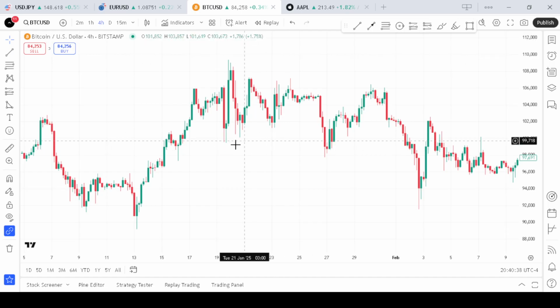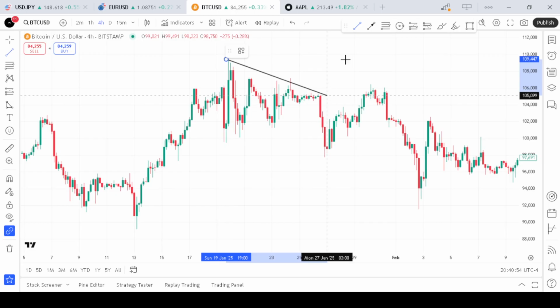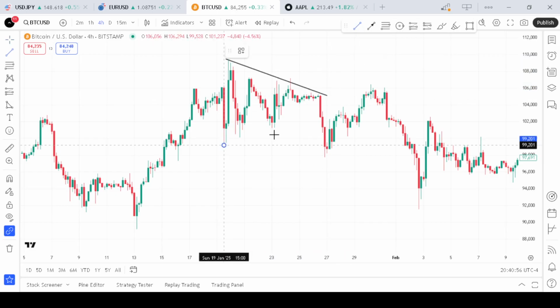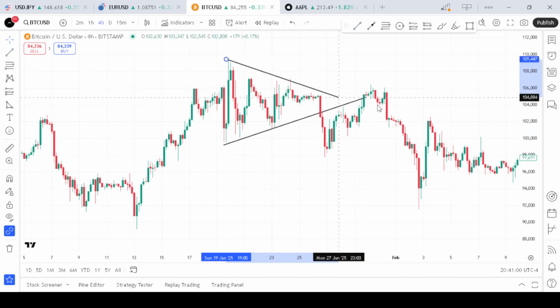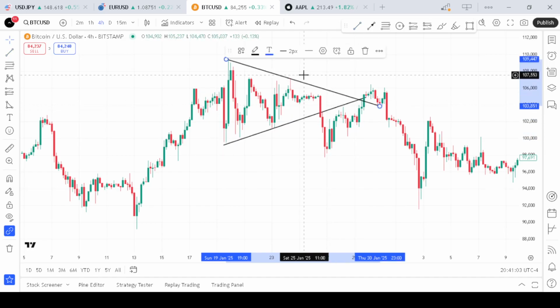As we can see in price here, price was forming a lower high, a lower high in this area, and at the same time was forming a higher low, a higher low, a higher low in this area. This is typically an example of a symmetric triangle. If you converge the trend lines, you can see they both meet at one point, causing it to form this triangular pattern.